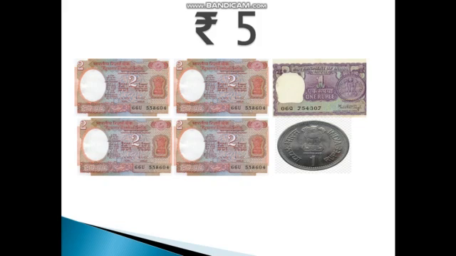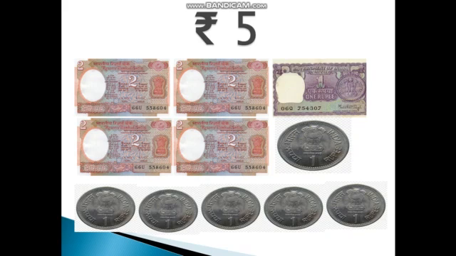Then we can have 2 rupees notes and 1 rupee coin. Then we can have all the coins of 1 rupee each, which will add up to rupees 5. You can think of different combinations also. Think yourself for making rupees 5, rupees 10. So we are just wanting to tell you that any amount of money can be in different combinations.